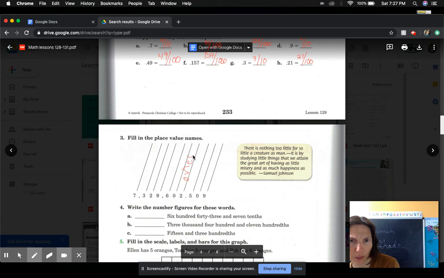And our tens place. First I'm just going to go to the left of the decimal because that's most familiar for us. And then we have the hundreds place. Does everyone see that? Hundreds. And then thousands.